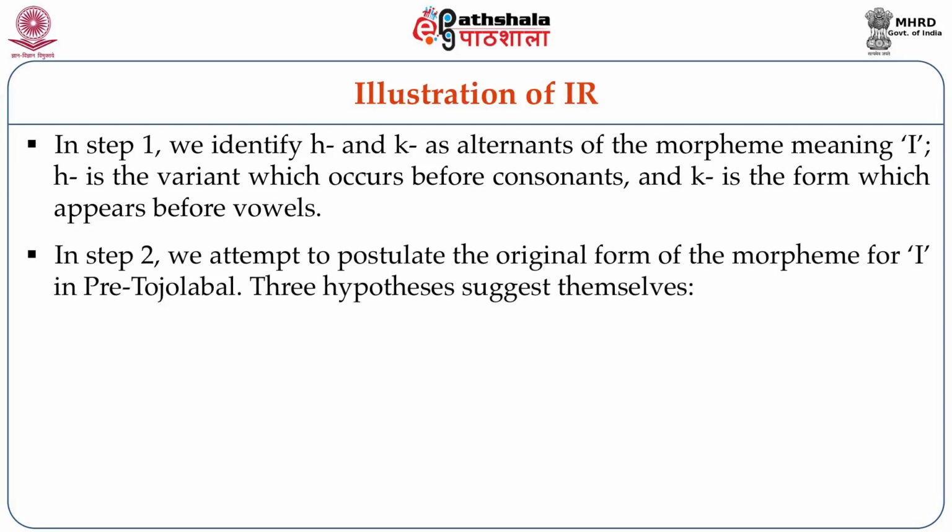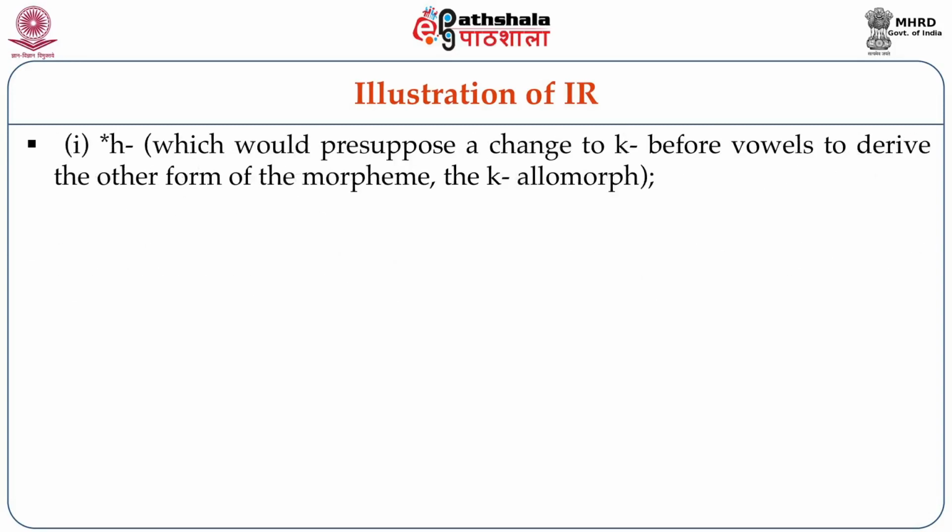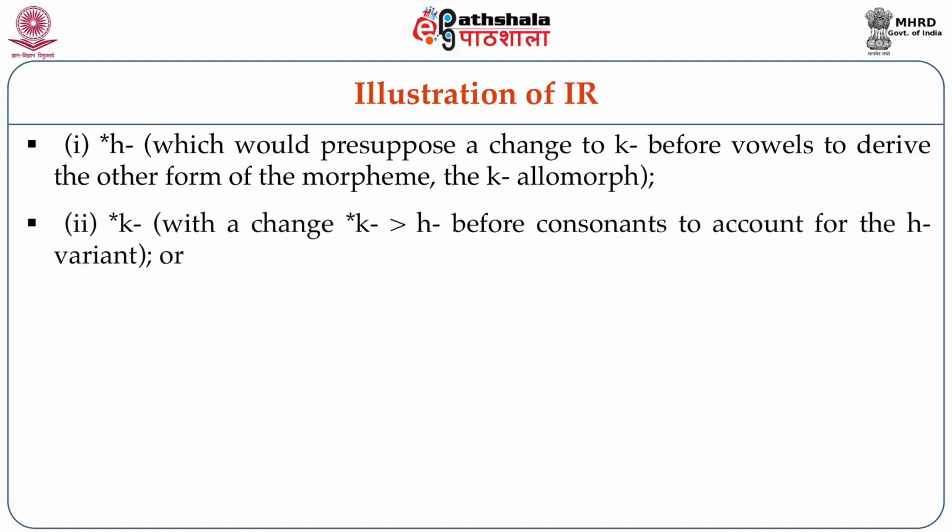In step 2, we attempt to postulate the original form of the morpheme for I in pre-Tojolabal. Three hypotheses suggest themselves. 1. Reconstruct ha, which would presuppose a change to ka before vowels to derive the other form of the morpheme, the ka allomorph. The second one, ka as the proto-reconstructed form with the change of ka to ha.